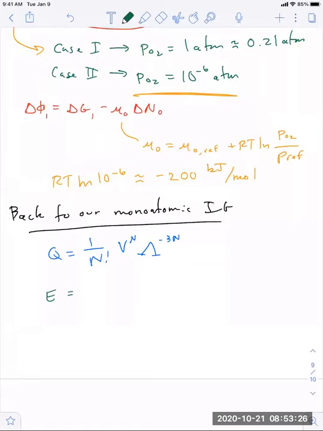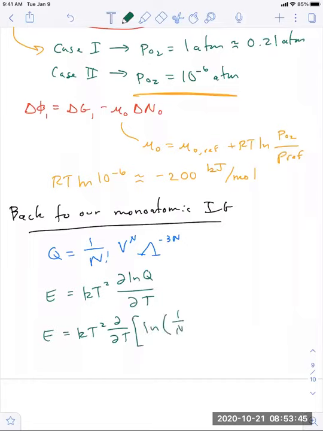The energy for this system is just kT squared d log Q dT. So if I plug some stuff in, kT squared d/dT times the log of all this stuff that's in Q.